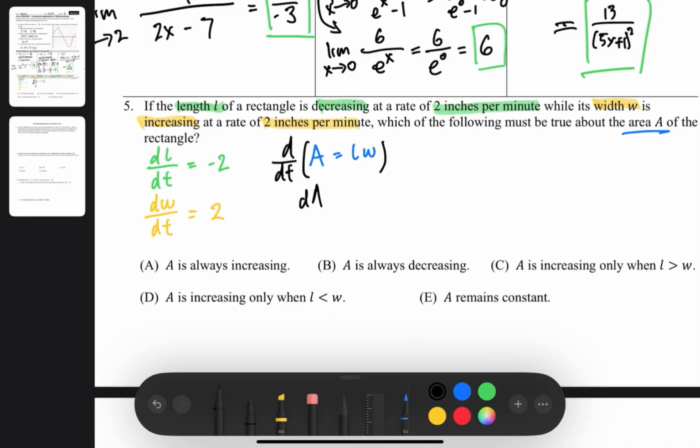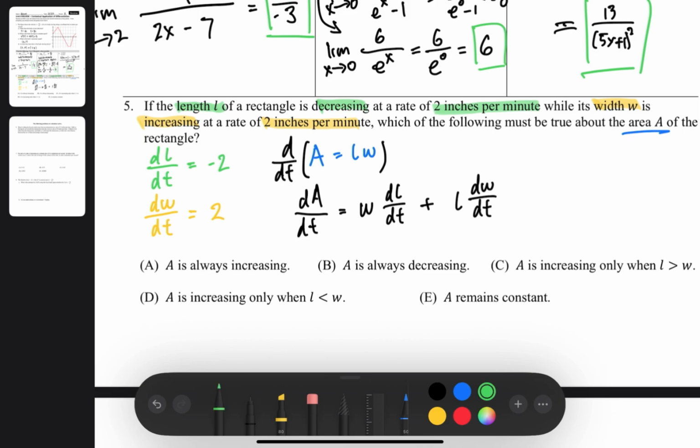So dA/dt is equal to, we're going to use the product rule. So the derivative of L is 1 times W, and we need our dL/dt because we're taking the derivative with respect to time. And we're going to do the same thing with width, and we get dW/dt.